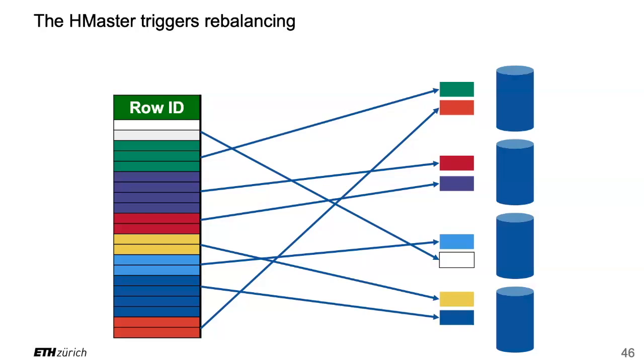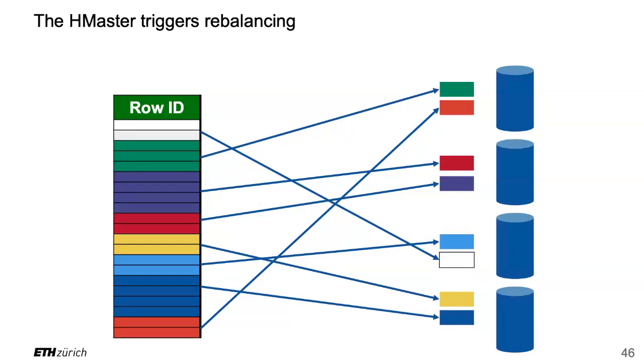But there are a few differences, and I will try to give you the mental picture. First, the regions are assigned to the region servers. I didn't say the regions are stored on the region servers. They are assigned to the region servers. It's only a responsibility. It's a hat.